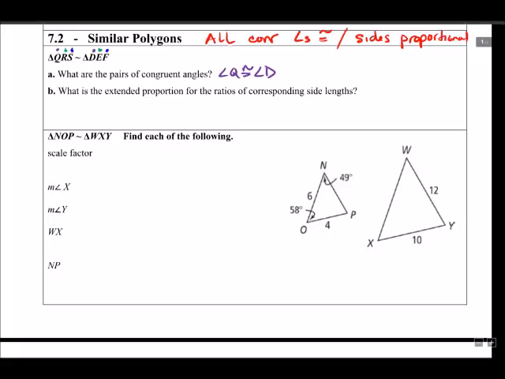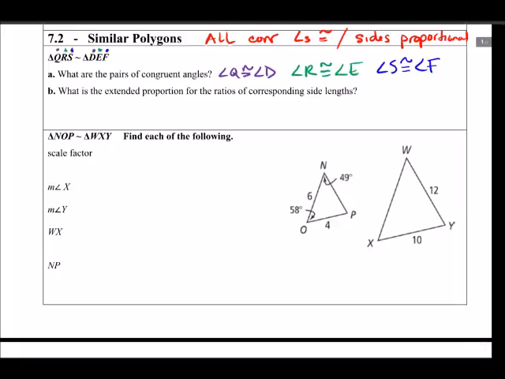So Q and D, and angle R is congruent to angle E, and angle S is congruent to angle F. I just followed my nice little colors there.